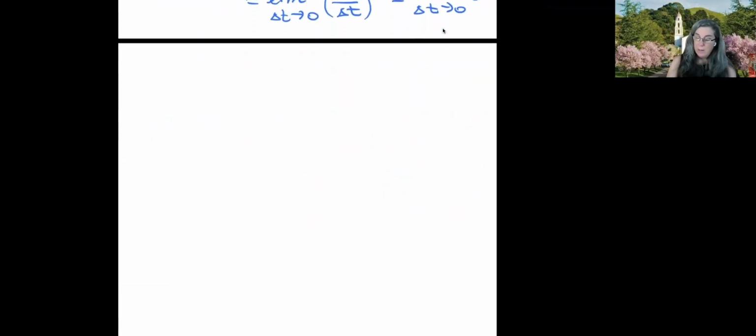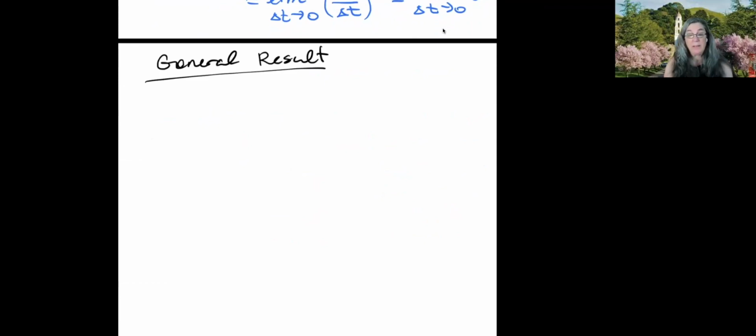So it is not a coincidence. There's been a lot of 2s in today's video, and that's something I should have avoided. It turns out there is a general result. There's an easy shortcut so that you don't have to square out that t plus delta t every single time, or cube it if you have a t cubed.